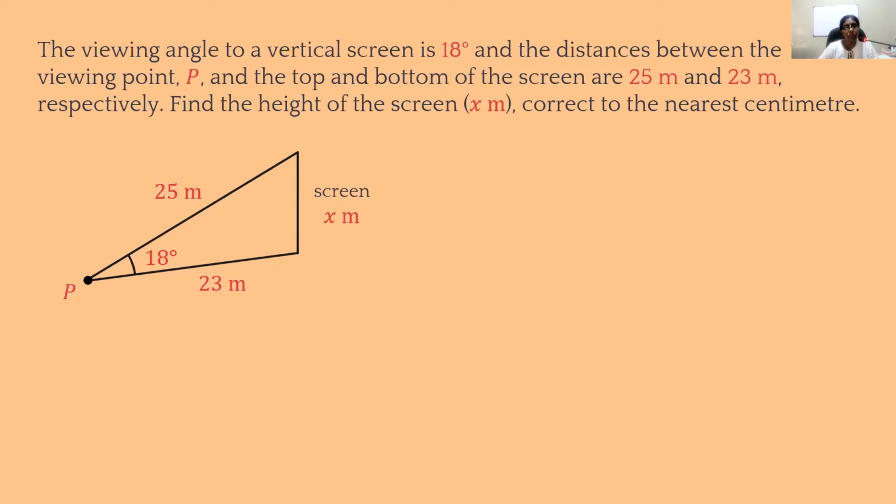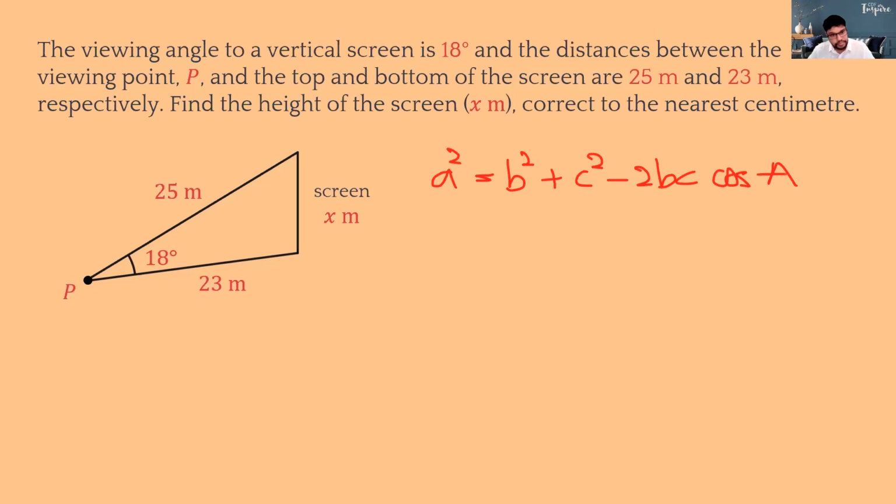Okay. So, children, now I got some interesting answers. I will discuss your answers as well as we go. Right, children, so this is a cosine rule question. I think all of you know that by now, right? From your answers, I can tell you've done that correctly. So I'll write the cosine rule: a squared equals b squared plus c squared minus 2bc cos A. So a is going to be x.